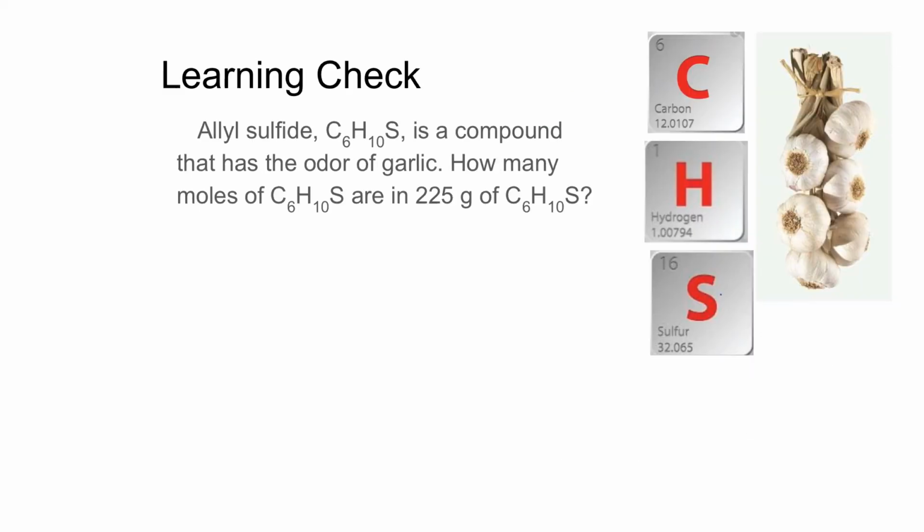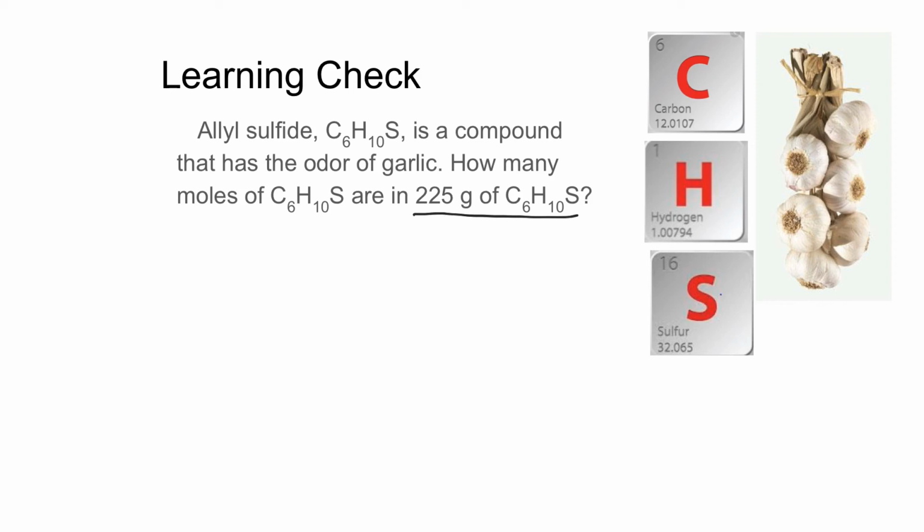Okay, let's try another one. One more. So the last one is allyl sulfide, the compound that gives the odor to garlic. So how many moles of C6H10S are in 225 grams of C6H10S? And so this is what we're given, 225 grams of C6H10S.